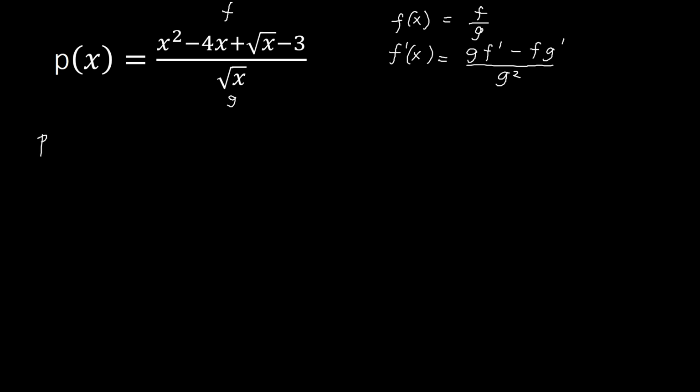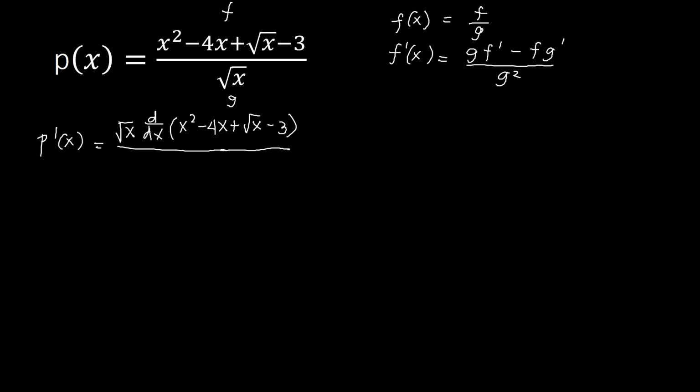So our derivative for p of x will be equal to, we'll start off with the format. So we'll start off with g. This is g, square root of x. And then followed with the f prime. So we'll get the derivative of our x squared minus 4x plus the square root of x minus 3.